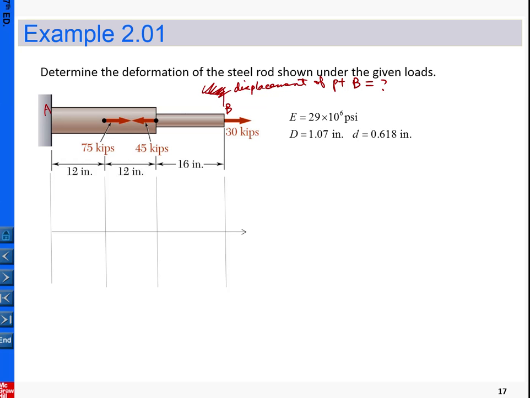Now, again, here is our template: P and material properties, cross-sectional area, dimension, delta equal to PL over EA. So that is our template here. I'm going to take a few pieces of free body diagram to fit into this template.